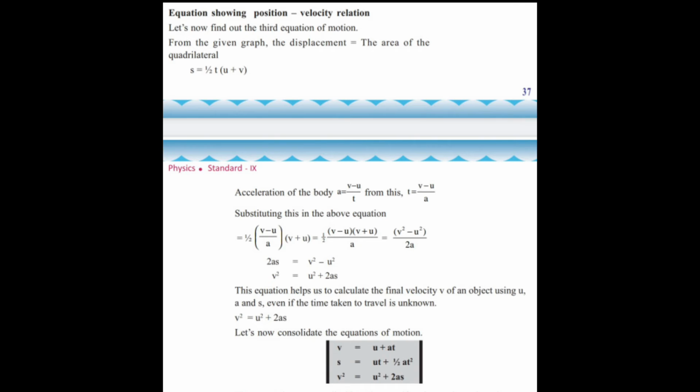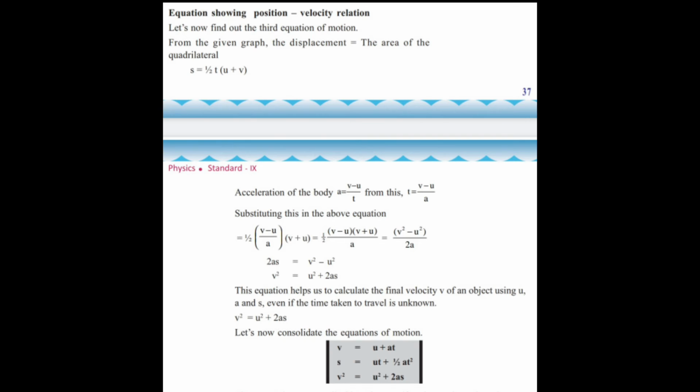Substituting these values in the above equation, S is equal to half t into (u plus v), what do we get? S is equal to half into (v minus u) by a, instead of t we are writing (v minus u) by a, into (v plus u). Why are we writing this (v minus u) into (v plus u)?